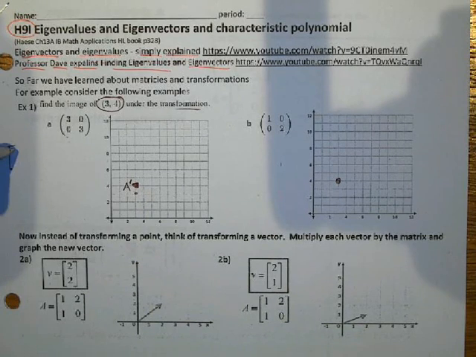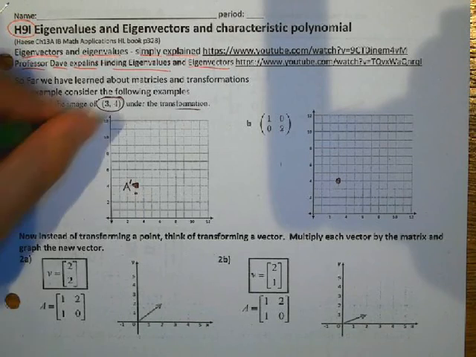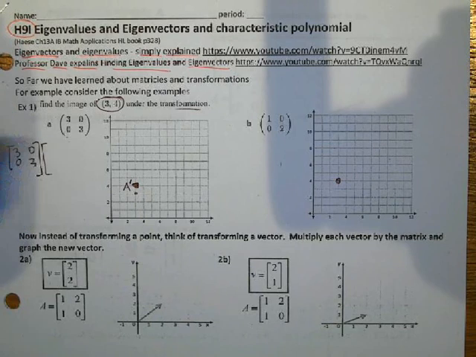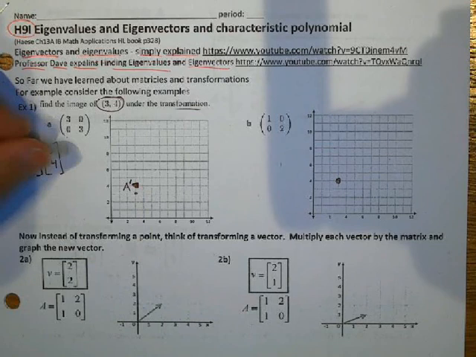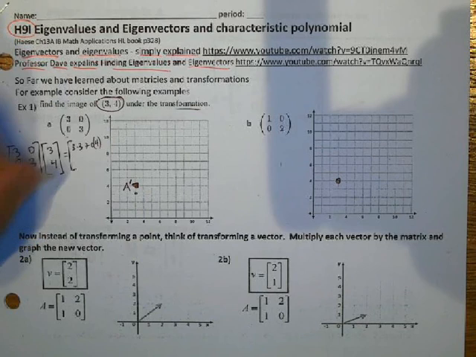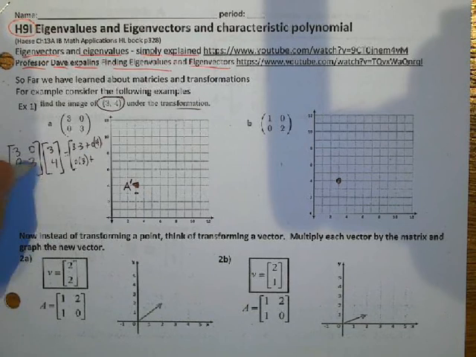So I've got 3, 0, 0, 3, and what happens when I multiply my transformation matrix to my point, which we write as a vector? A vector is simply a 2 by 1 matrix if you really think about it. Anyways, if I multiply this out, I get 3 times 3 plus 0 times 4, and then the next row is 0 times 3 plus 3 times 4.